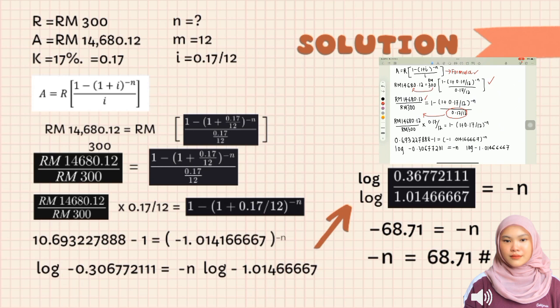So it will be like this. The 40,680.12 and 3000 will multiply with 0.17 over 12. For this side, it will only have this. Okay, after we calculate this side, it will get this one.